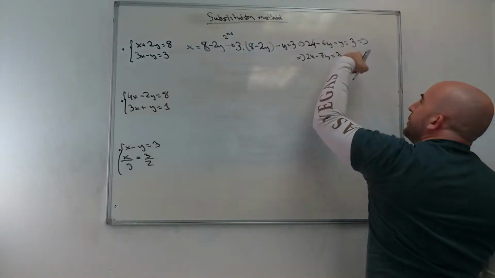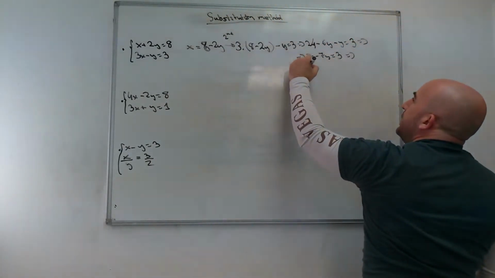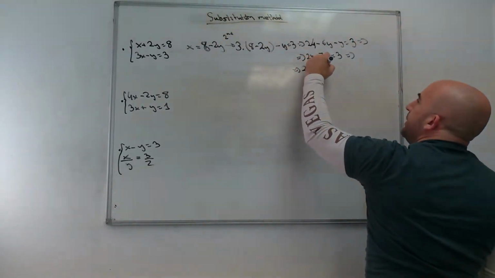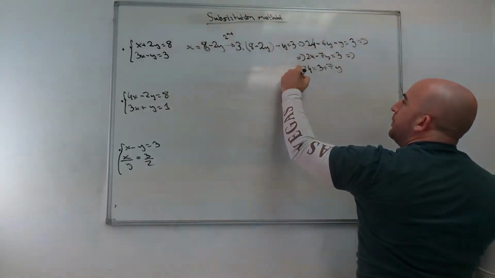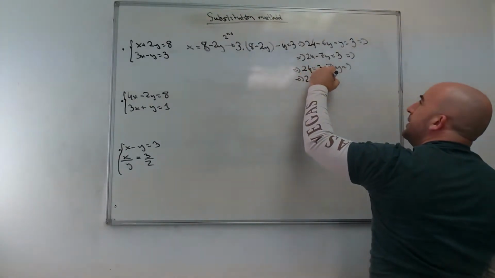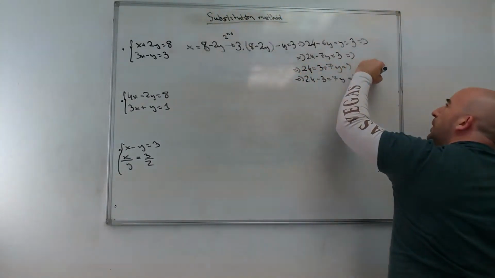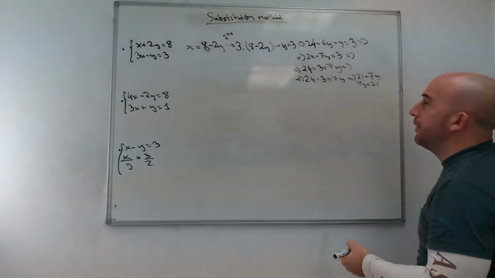So I'm going to change the y to the other side. I'll do it step by step. 24 equals 3 plus 7y so that you can see it. And then I'm going to change the 3 to the other side. So that means 24 minus 3 equals 7y. 21 equals 7y. 7y equals 21, just to have the y on the left.